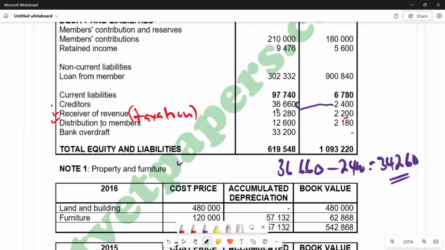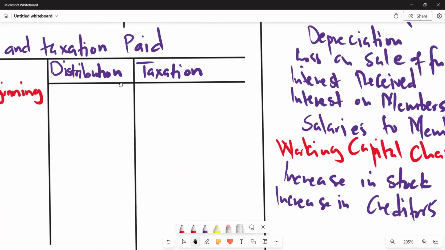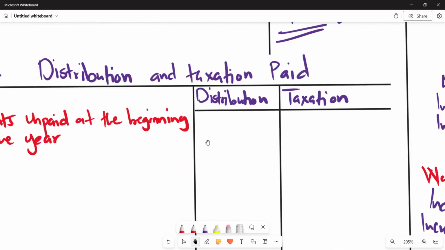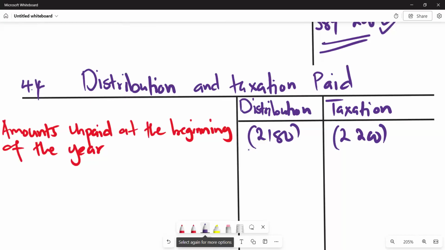Then we look for distribution to members, which is just below that. We have got 2,180, which is again going to be an opening as a negative. So we go there. For distribution, the figure that we got there is 2,180. And for taxation again, we've got a negative of 2,200.